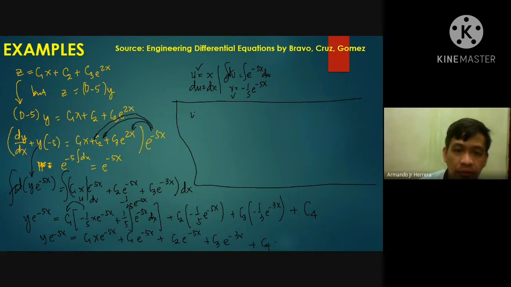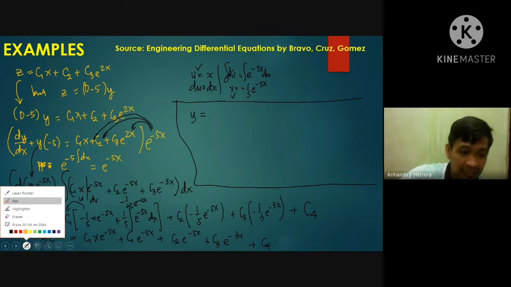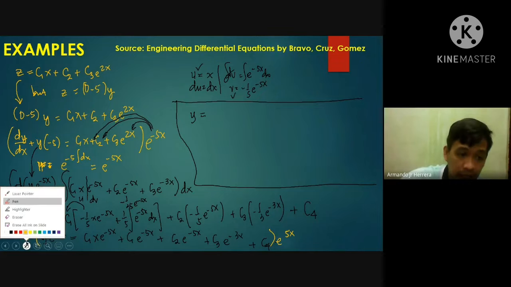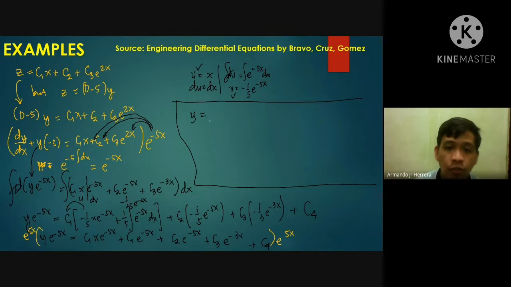So y now is equal to, ang gagawin natin, imumultiply natin lahat by e to the 5x to cancel this out. So multiplying that by e to the 5x gives y equals C1x, this one C1x.